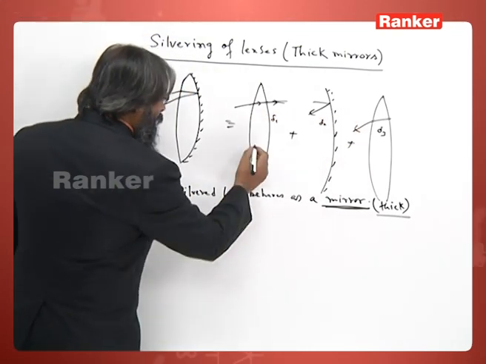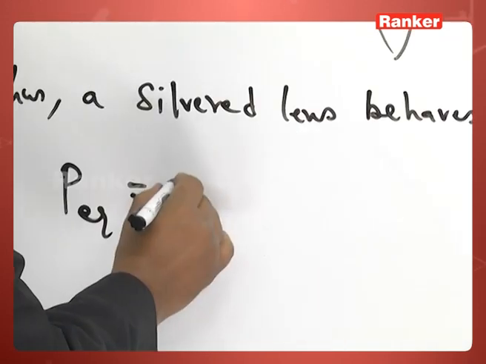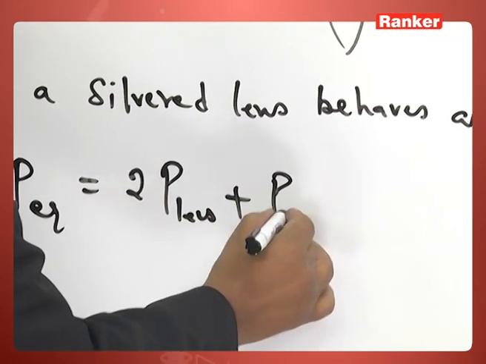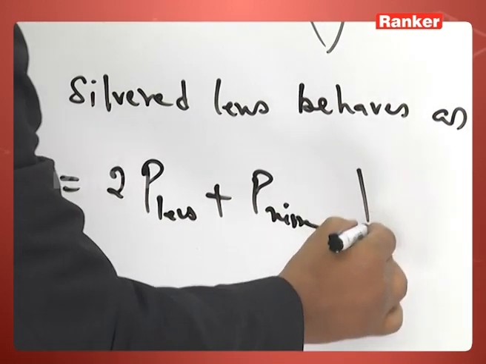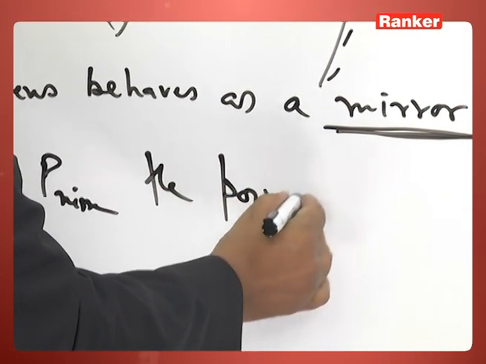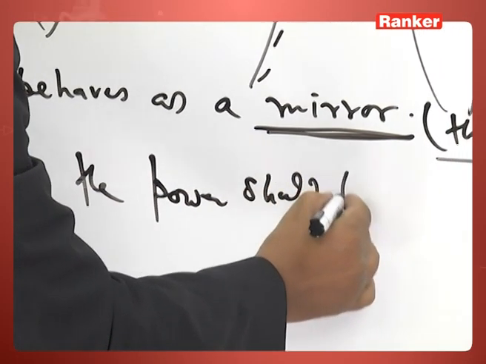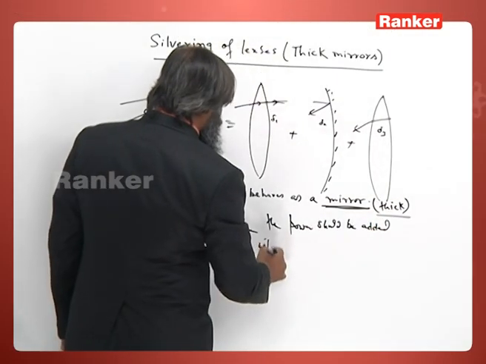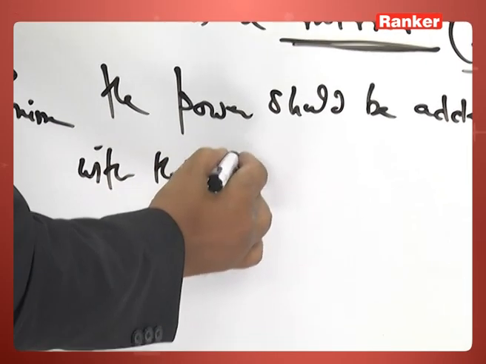So, 2 times the power of the lens plus the power of the mirror. Here an important point, the power should be added with their sign.